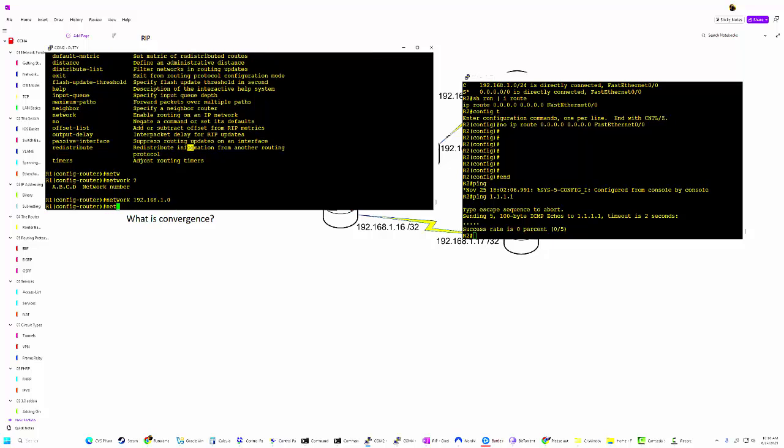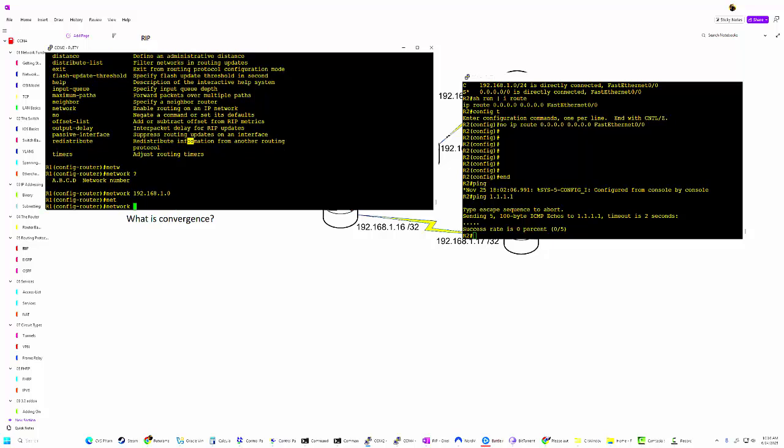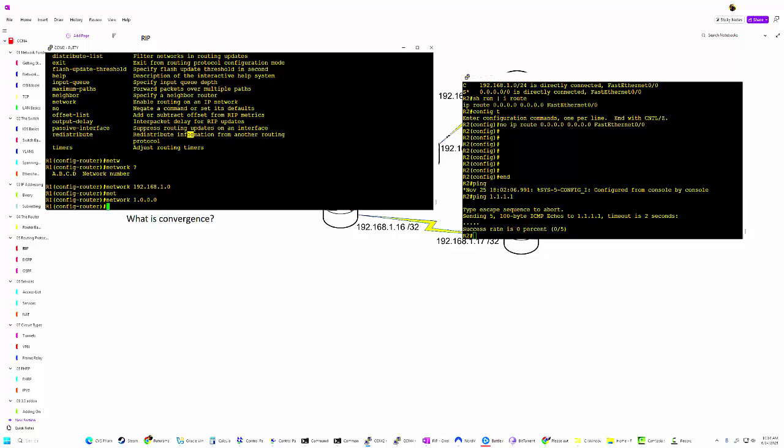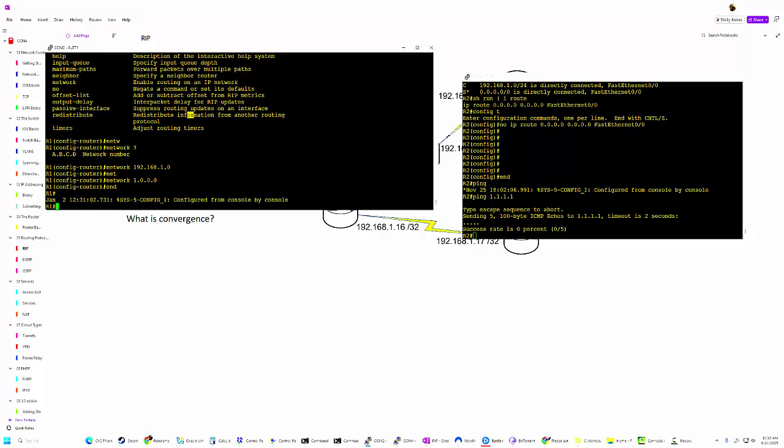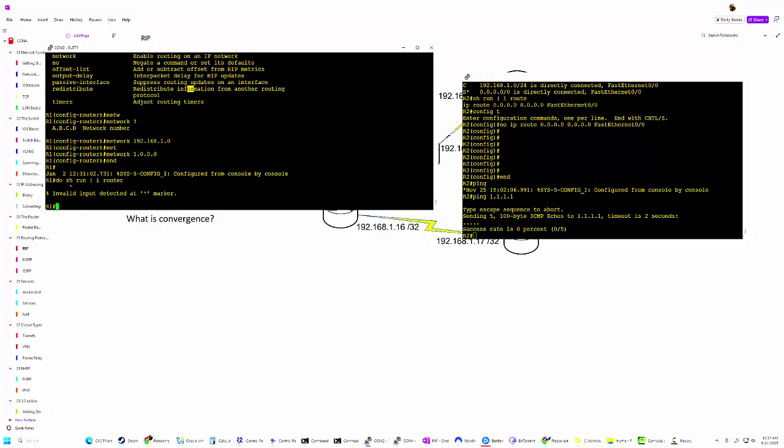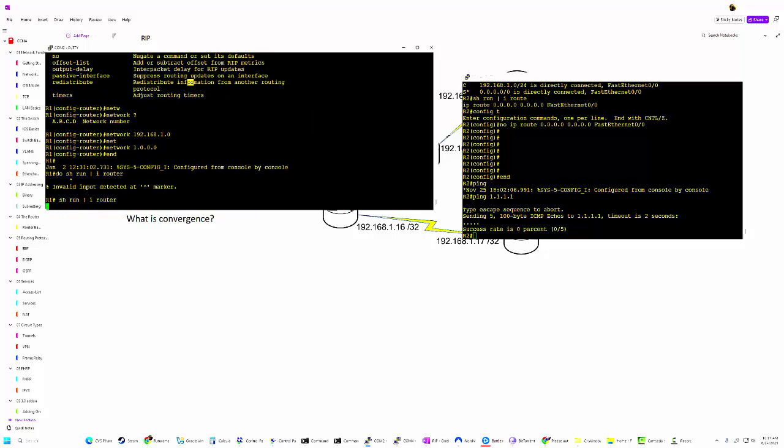Now, for the one network, which will be the 1.1.1.1/32, I'm going to write it like this because the default subnet mask is 255.0.0.0. Okay, and now RIP is enabled. Okay, do show run include router. No do needed.